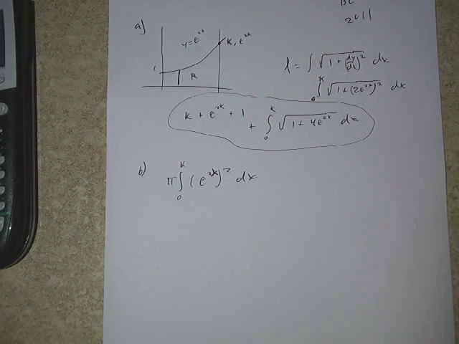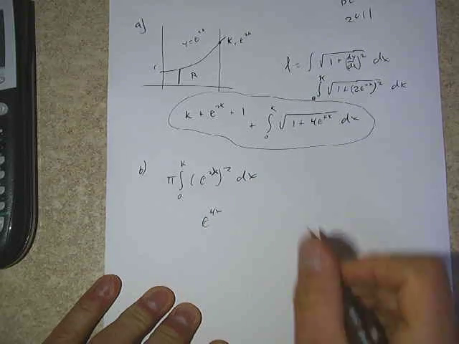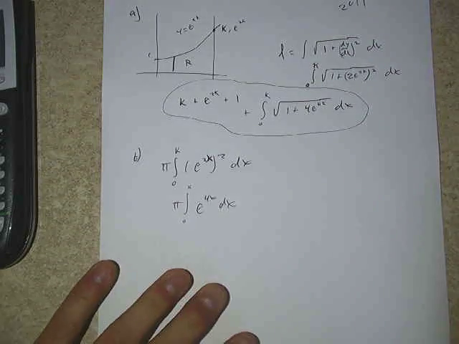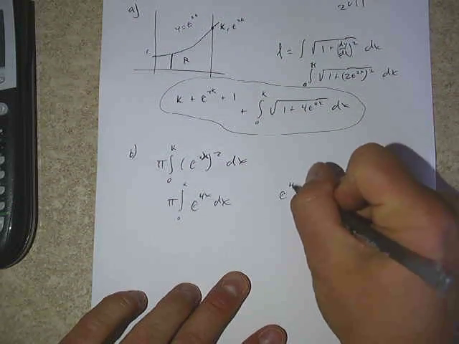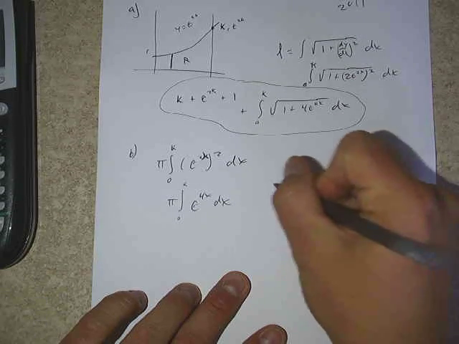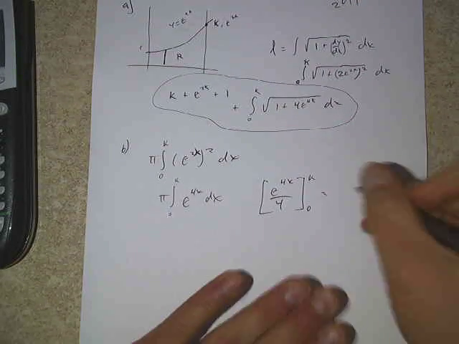Okay. All right, and then from there, the question is, can we find this volume in terms of k? Well, if we rewrite our integrand here, we're going to get e to the 4x as our integrand from 0 to k, dx. And we can certainly anti-differentiate e to the 4x, where it's itself divided by the derivative of the argument, so ultimately it would be that.